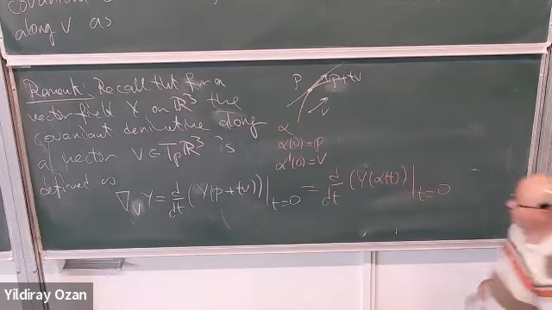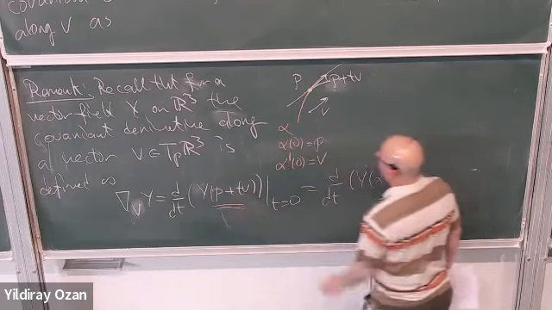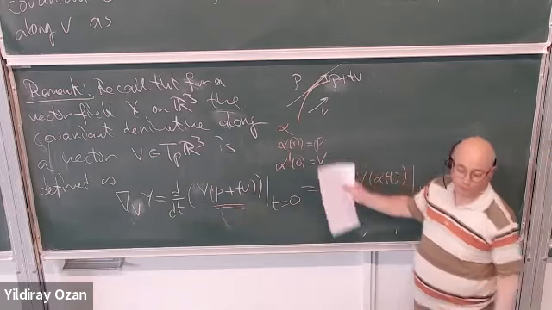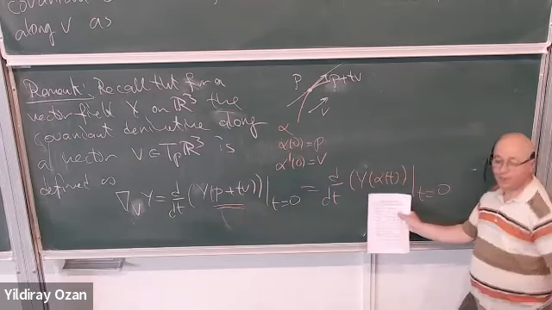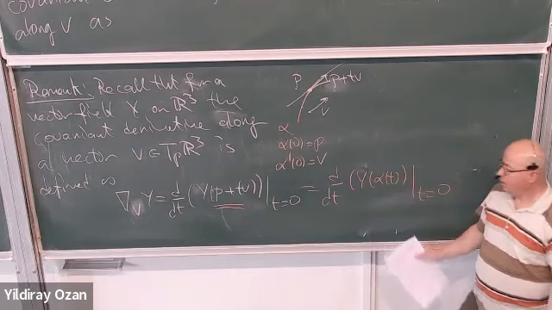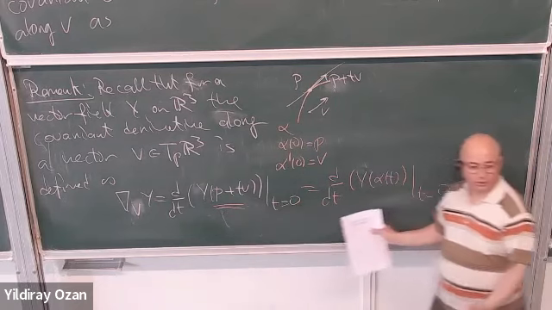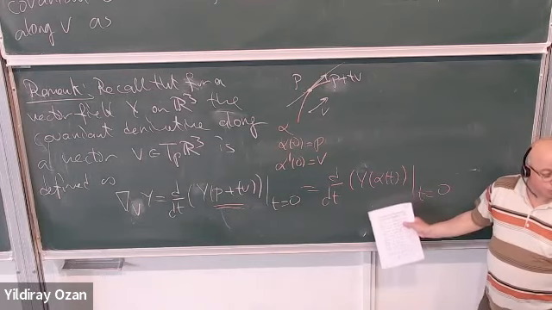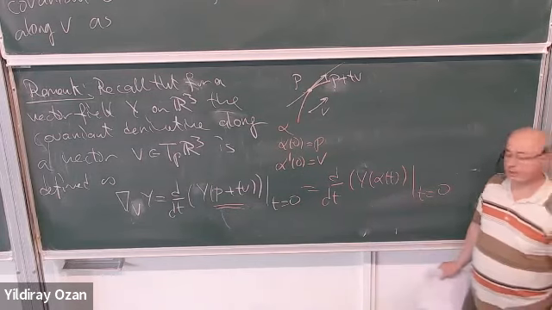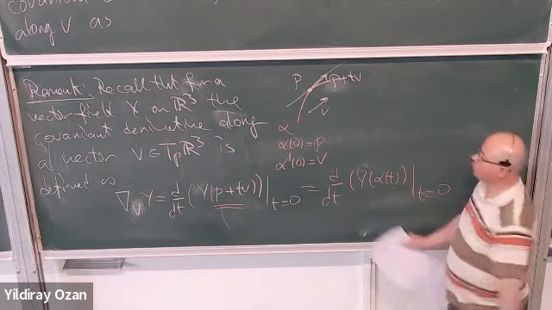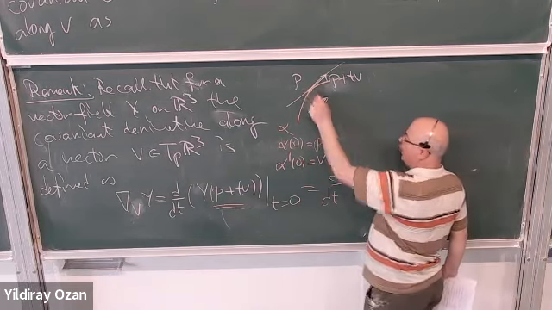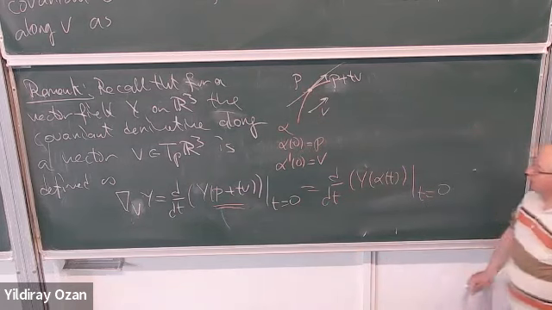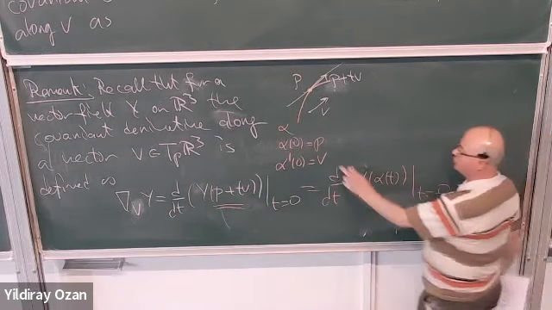Instead of this line, I could use any curve, because when you take the derivative of this, you will see that you get the same thing, right? It doesn't matter which curve you choose. The only thing you need is that this curve should pass through this point at time 0, and it should have velocity vector v.